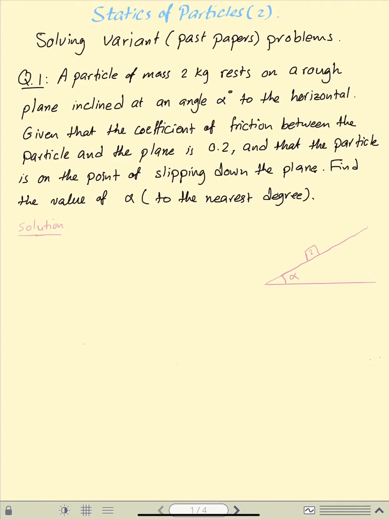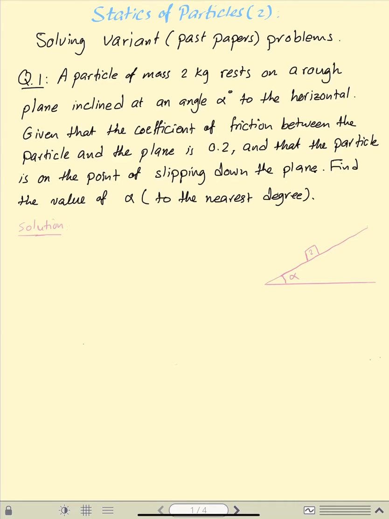We are in statics of particles part 2. As we said in the previous video, the diagrams and problems that we are solving in statics are the same as in dynamics, but with different steps of solving.